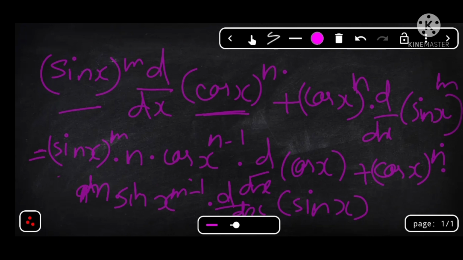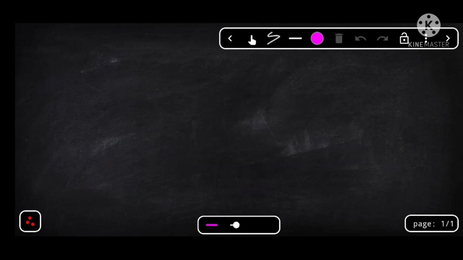So what will be the next step? In the next step we will have sin x whole raised to m into n cos x whole raised to n minus 1 into, what is d by dx of cos x?